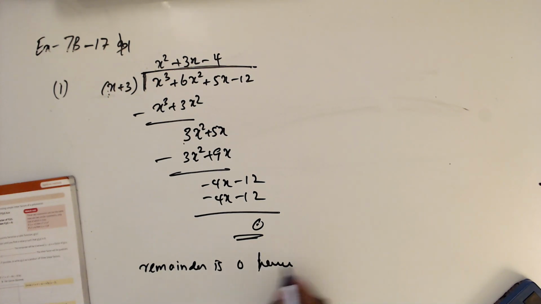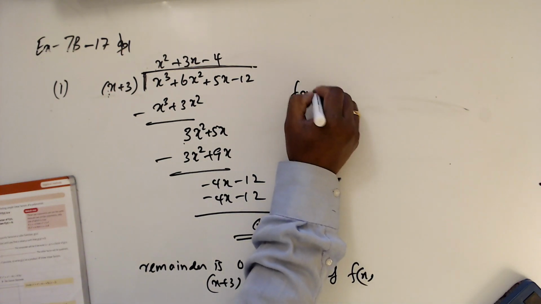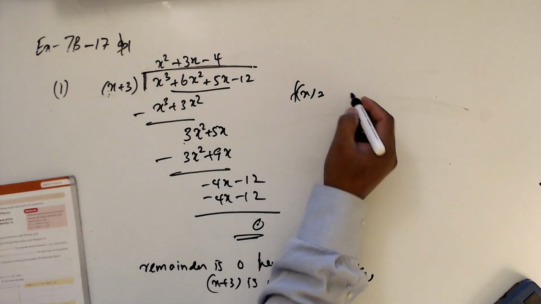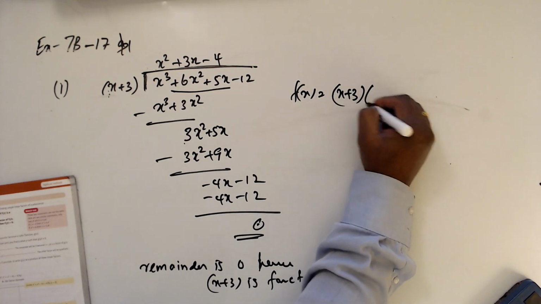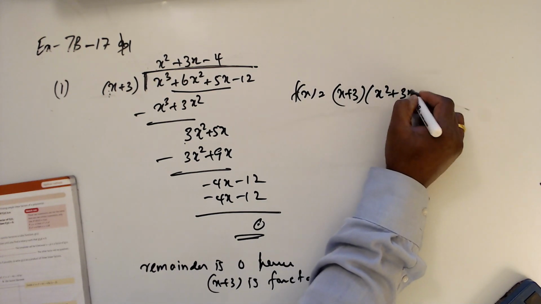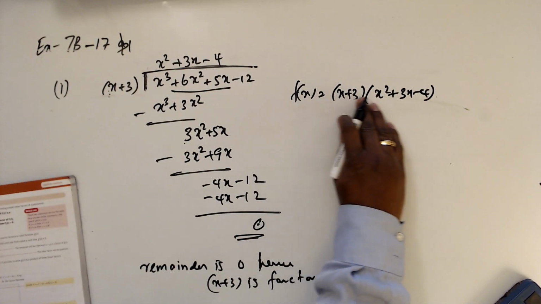Hence, x plus 3 is a factor of f(x). Now you can write f(x) equals x plus 3 times the divisor, times the quotient, and no remainder. So we factorize this one.